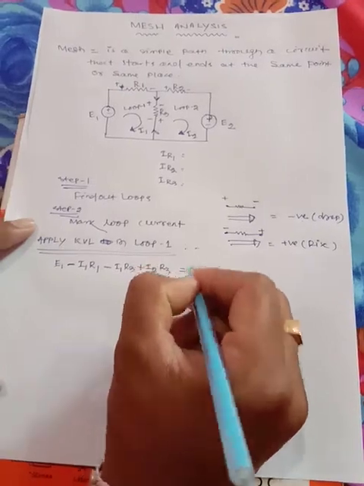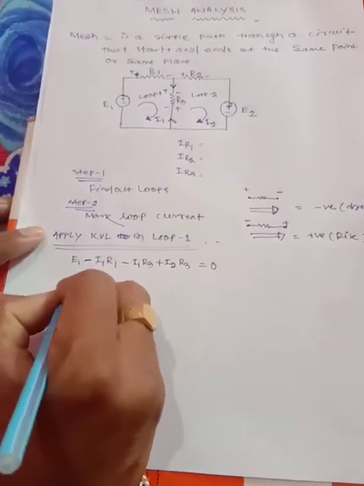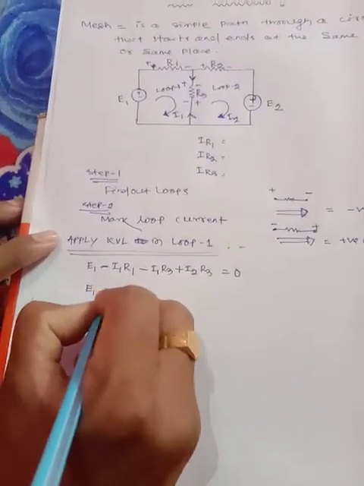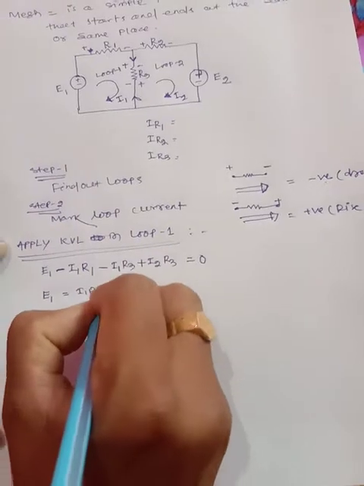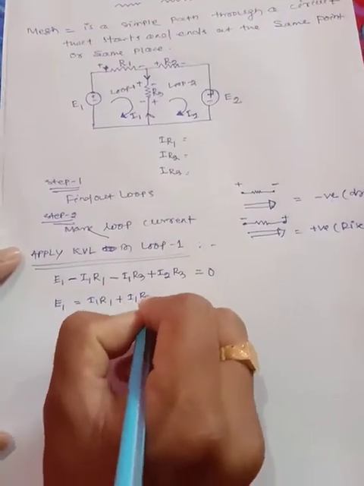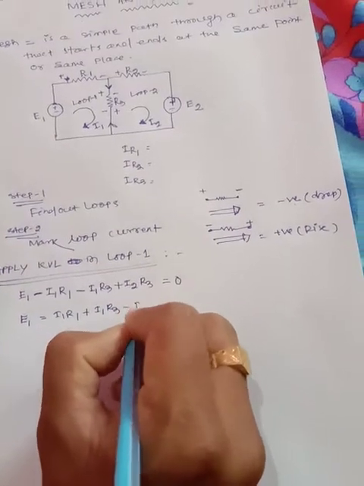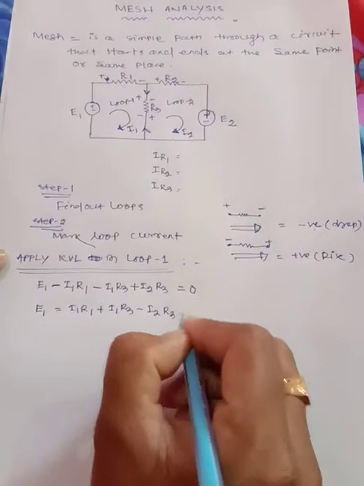The sum equals 0. So E1 equals I1 R1 plus I1 R3 minus I2 R3.